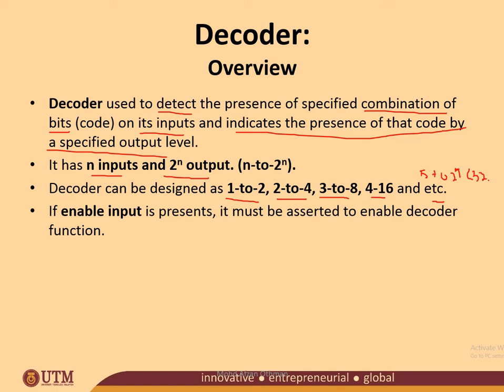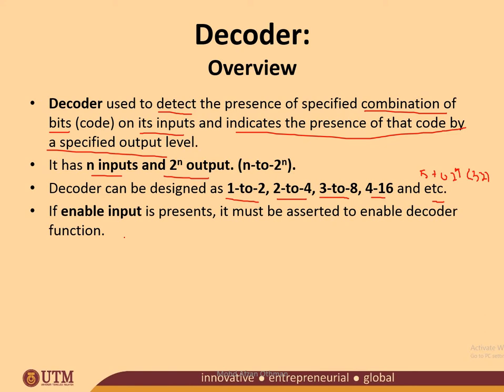If an enable input is present, it must be asserted to enable the decoder function. What does this mean? Similarly, as in the multiplexer circuit, we may have an enable, right? So if enable is active, then the decoder function is enabled. However, you need to be able to differentiate whether your enable is active low or active high.